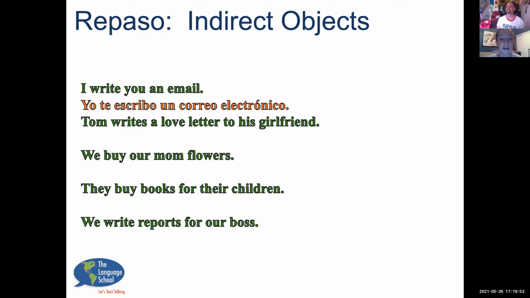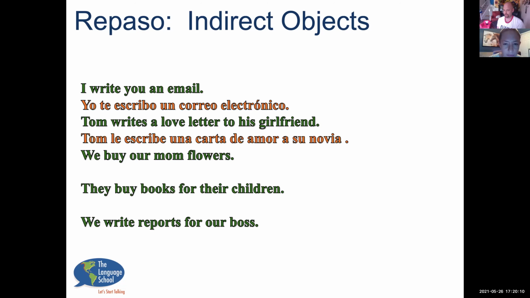Tom le escribe una carta de amor. Is there a specific? Bien, una carta de amor a novia. A su novia. Oh, a su novia. Yeah, just because we have the word his.